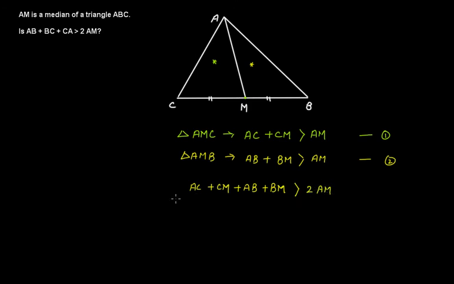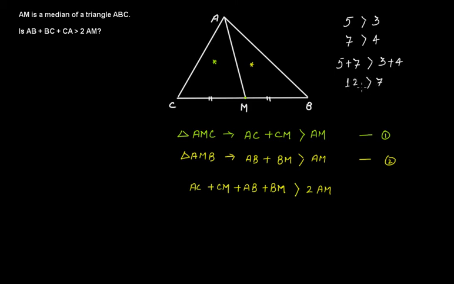Now if you're wondering how we did this, let me show you with an example. Let's say that 5 is greater than 3 and 7 is greater than 4. If I add, 5 plus 7 will be greater than 3 plus 4, and that is true because this will be 12 and this will be 7.